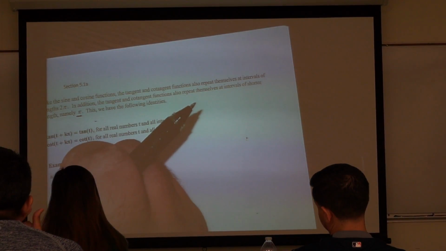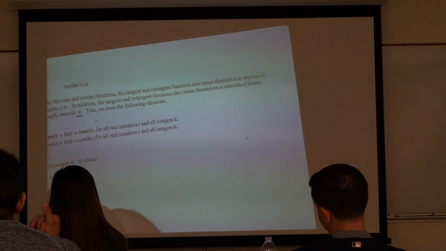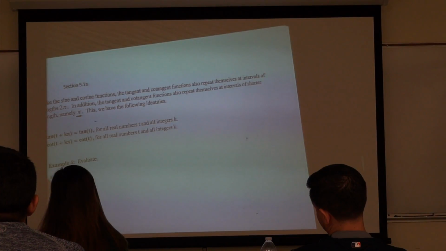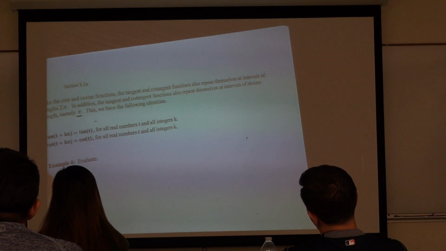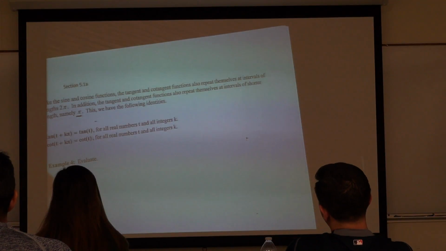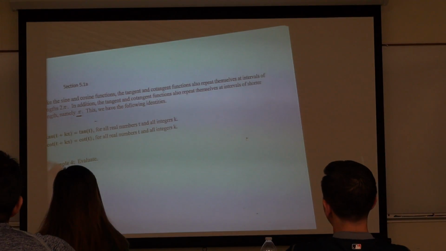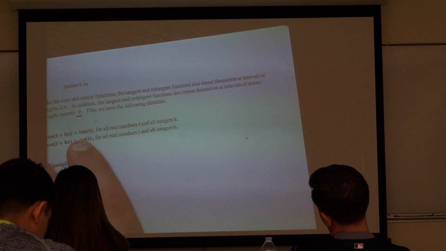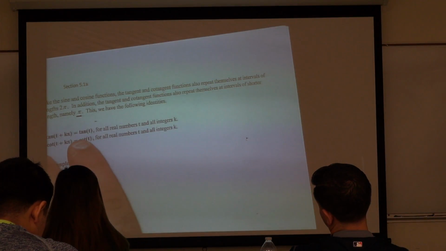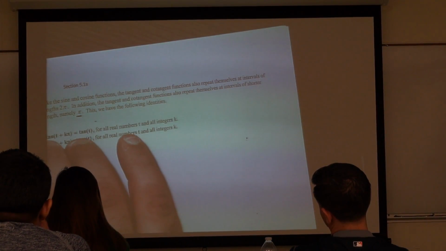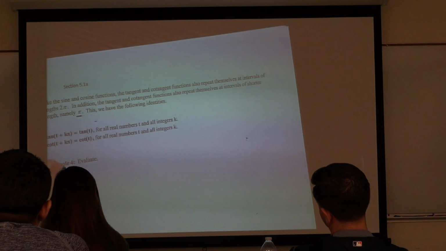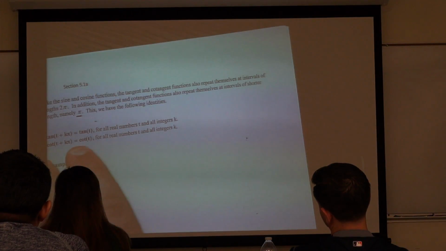The periods of sine, cosine, secant, and cosecant are 2 pi, which means they repeat every 2 pi, multiples of 2 pi. The period of tangent and cotangent: they do still repeat every 2 pi, but we can find a shorter interval of repetition, which is only pi. So for tangent and cotangent, it's enough to have a multiple of pi.